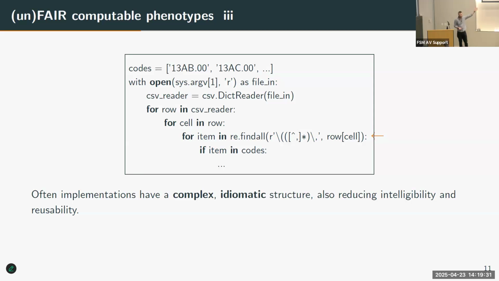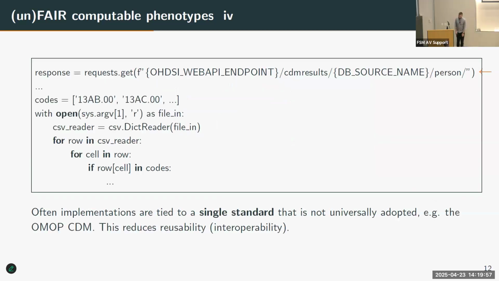It just looks complicated. I'm sure it did something at the time. I hope this neatly illustrates that the third problem of computable phenotypes is this complexity. If you don't have some kind of description of the logic, stuff is going to get lost. It's going to become complex, idiomatic, and really hard, again, to reuse. And again, I appreciate that I'm in some ways butchering fairness by saying it's all just reusability, but that's what I'm going to simplify for today.